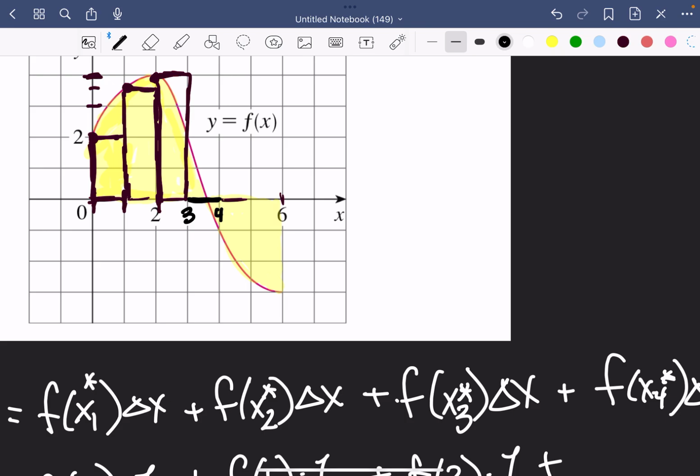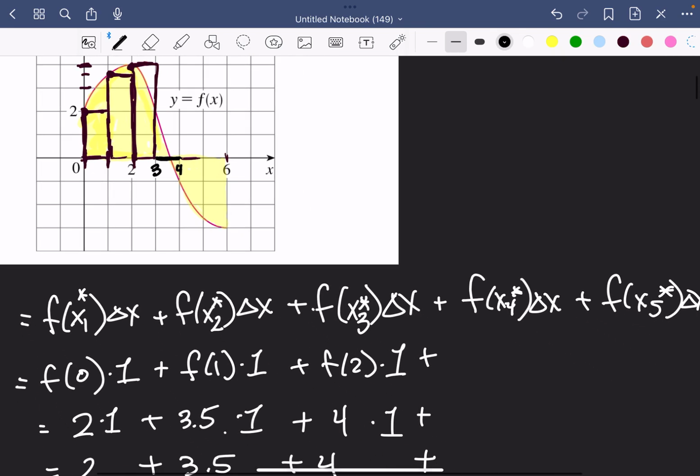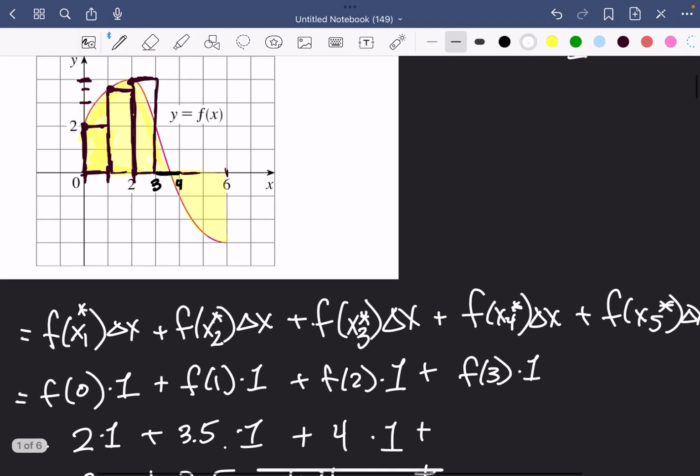And on that subinterval, I use the left-hand endpoint. Well, the left-hand endpoint is just going to be 3. So I do f of 3 times my delta x of 1. And it looks like at 3, I get a height of right here. How high is that?